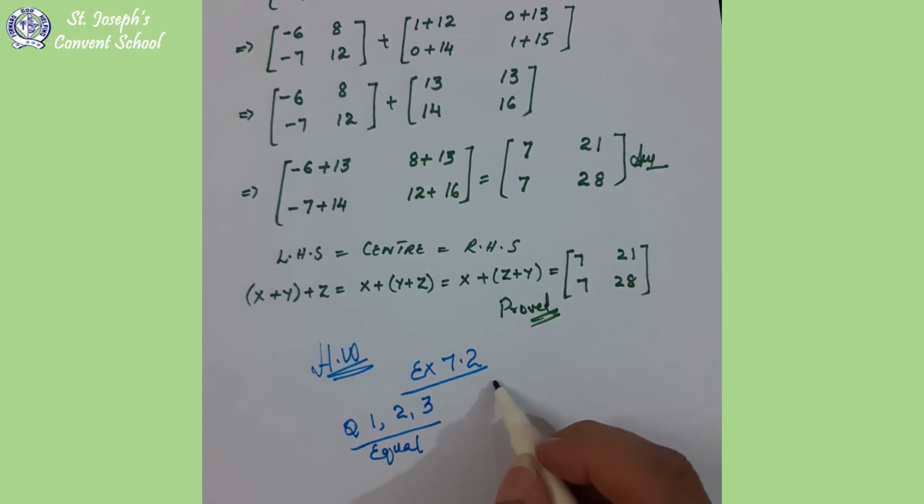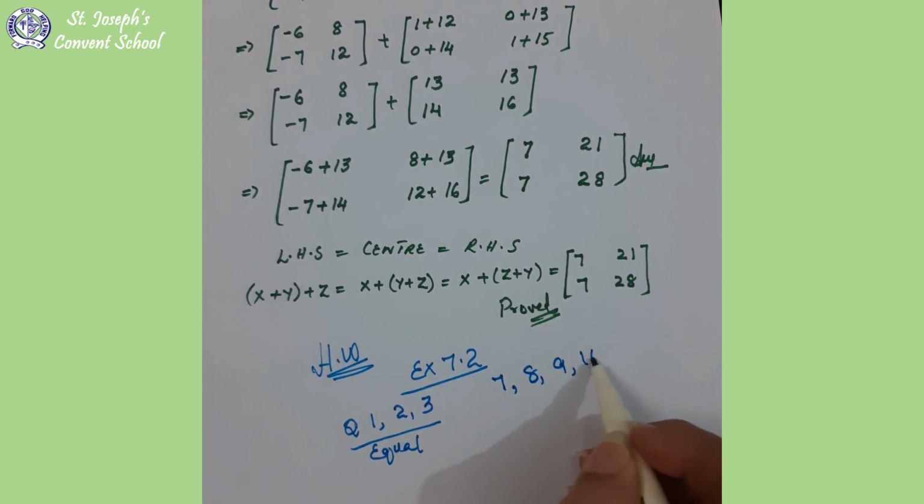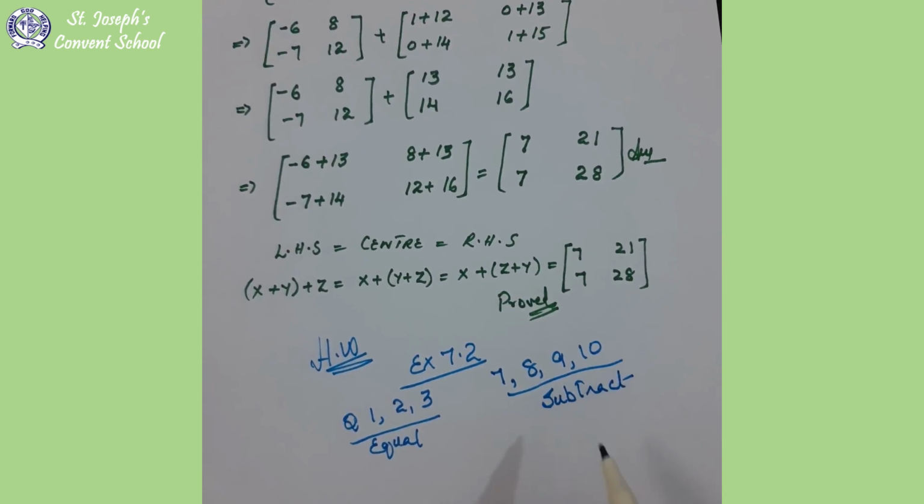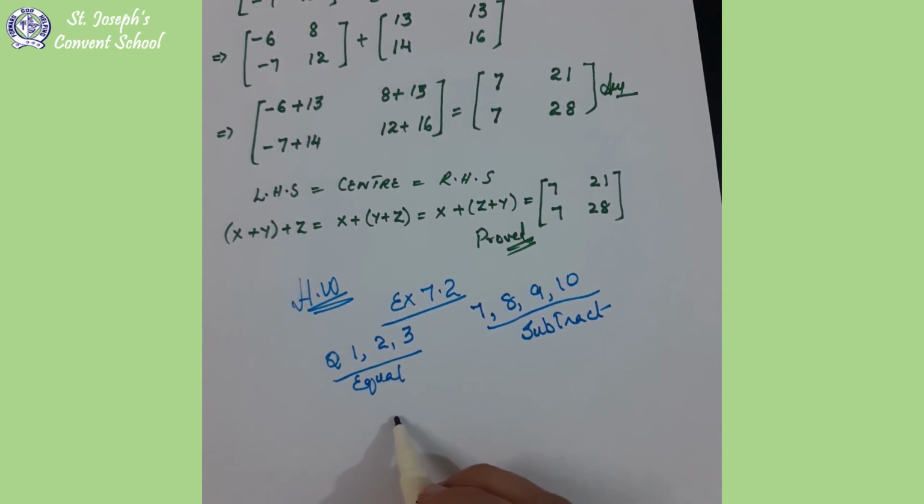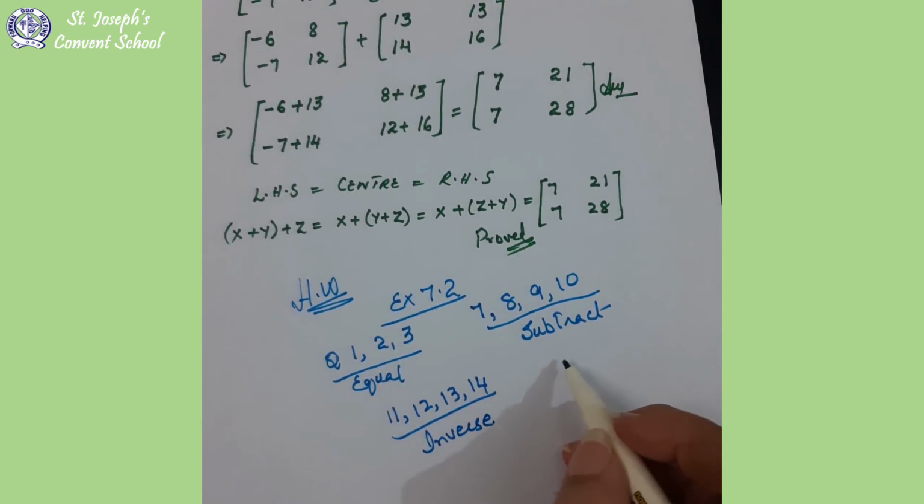Then question number 7, 8, 9 and 10 you will subtract. And then question number 11, 12, 13 and 14 you will find the additive inverse, change the sign, and the last question you will prove. Okay, you will add and prove.